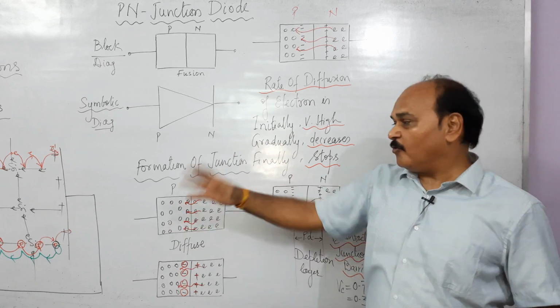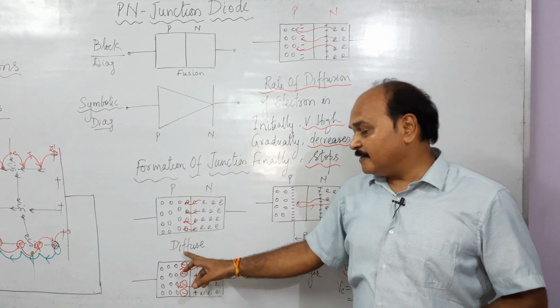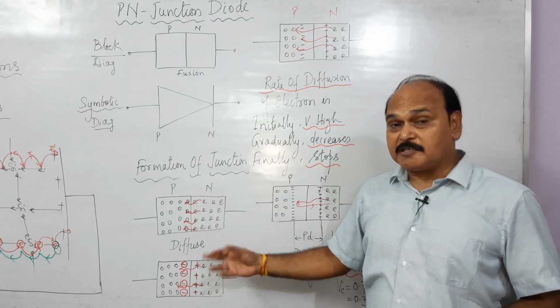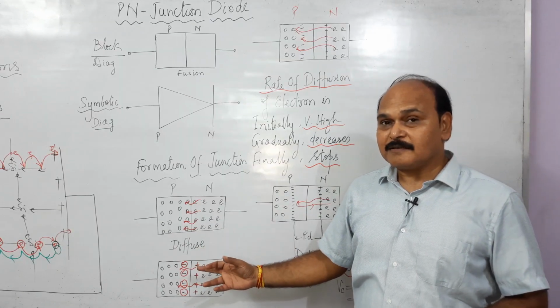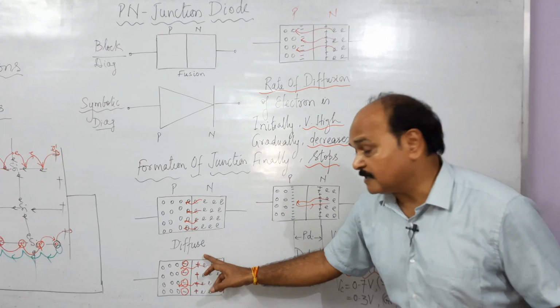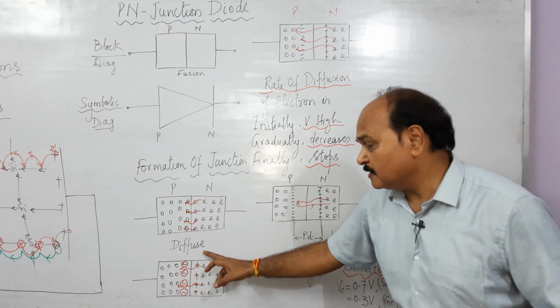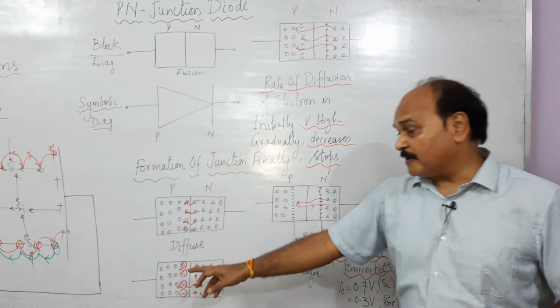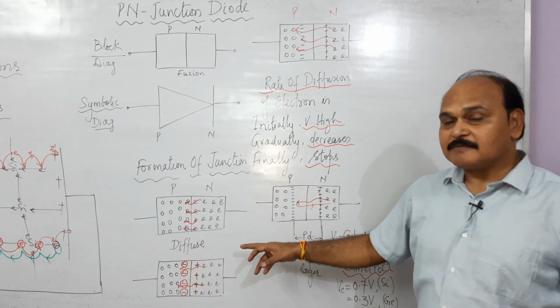Each diffusing hole leaves behind negative charge, and whichever electron it combines with, it creates a positive charge there. This growing positive charge, as the diffusion of holes continues, exerts greater and greater repulsive force over further incoming holes.